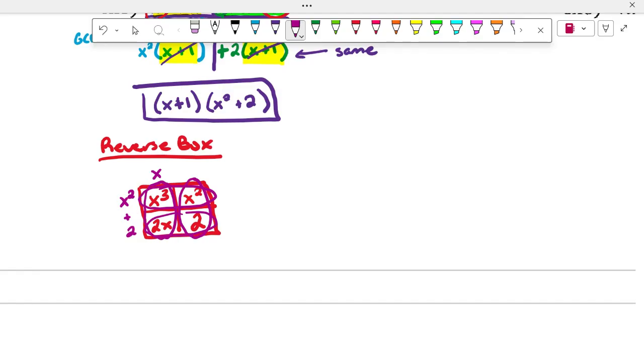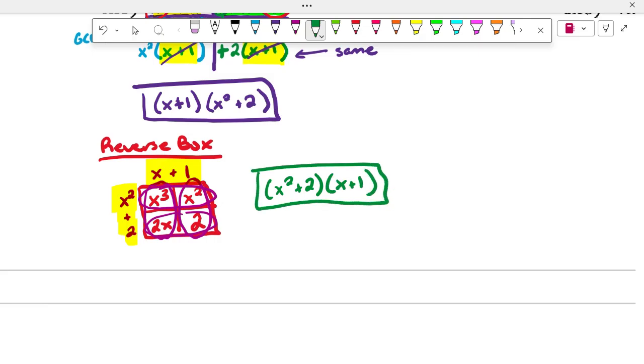If it doesn't have a GCF, what do you always put? 1. And then right here is both of my factors. So if we write them out, x squared plus 2 times x plus 1. We get the exact same thing. And remember, no matter which way you write it, whichever factor you write first, multiplication is commutative, so you can flip-flop them.